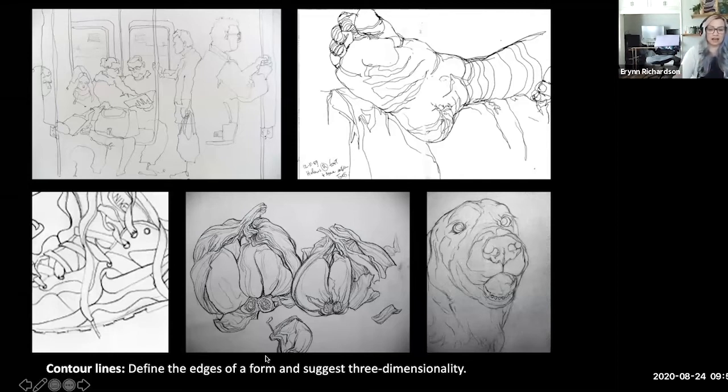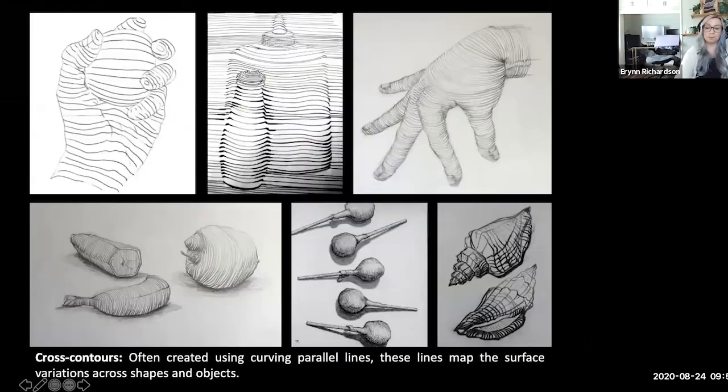Especially in this shoe piece right here, just the contour of the shoelaces, you really get that concept of things moving and folding. With these people right here, you kind of go back and forth between, is it flat or is it dimensional? So contour lines are always the outline of an object, but they can suggest form.